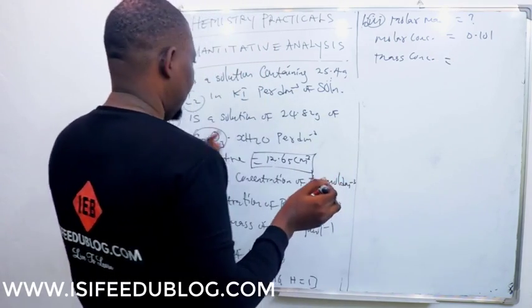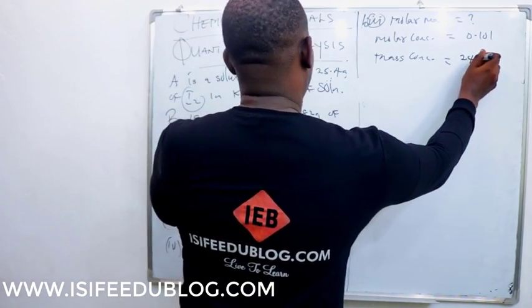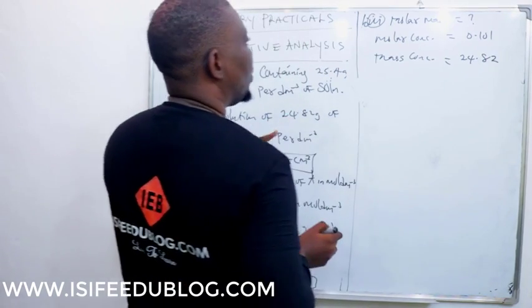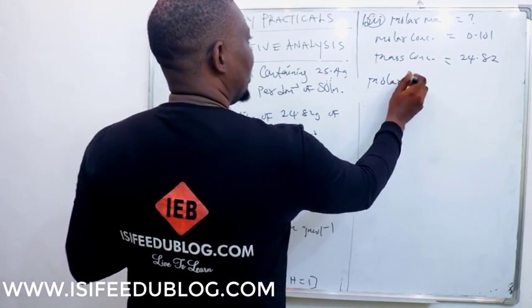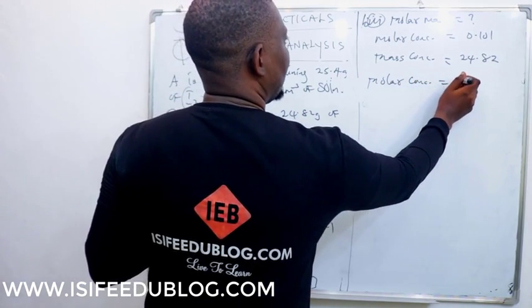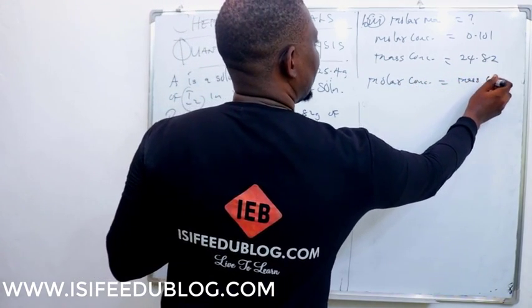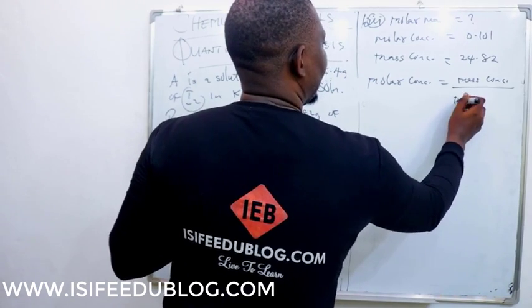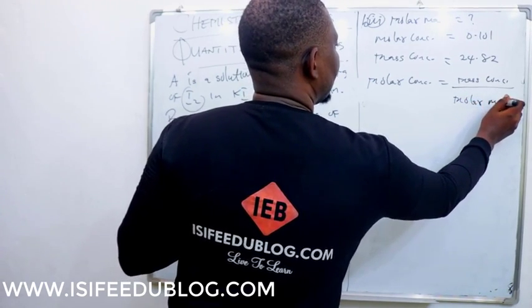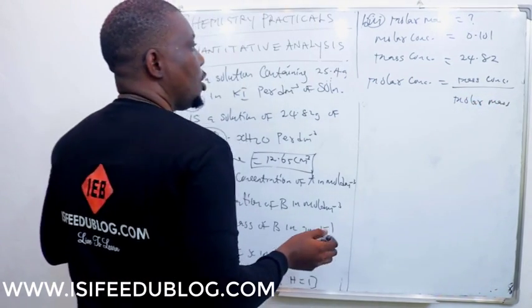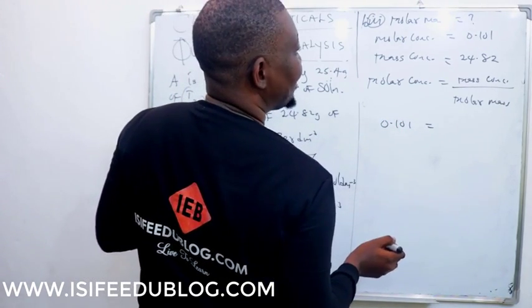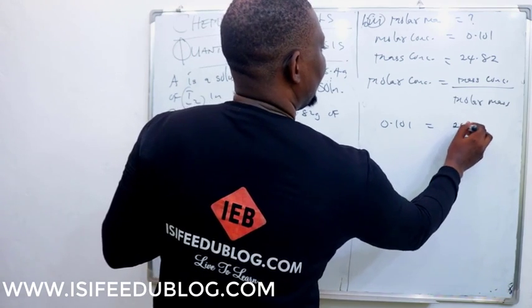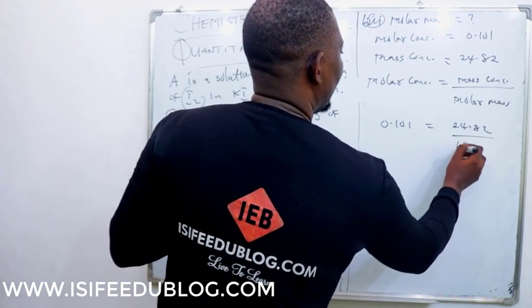Mass conc of B is giving us 24.82. So what are we looking for? Stating the obvious, which is this relation that molar concentration is equals to mass concentration upon molar mass. So let's do our right substitution here. Molar concentration 0.101 is equals to mass concentration is 24.82 over molar mass.